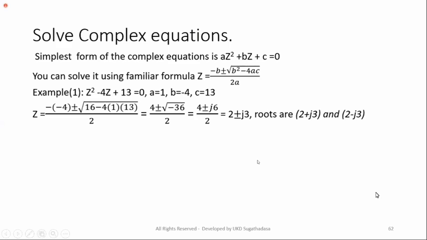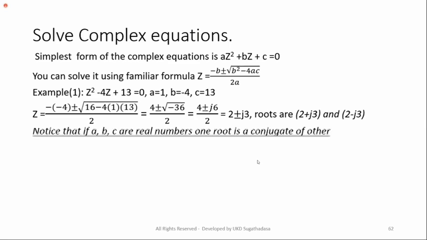For example, if you get 2 plus j3, the other one is 2 minus j3. If you get 6 plus 5j, the other one is 6 minus 5j. Likewise, every time you get the conjugate. Notice that if a, b, c are real numbers, one root is the conjugate of the other. This is the feature you have to remember at this stage. This is correct only when a, b, c are real numbers.